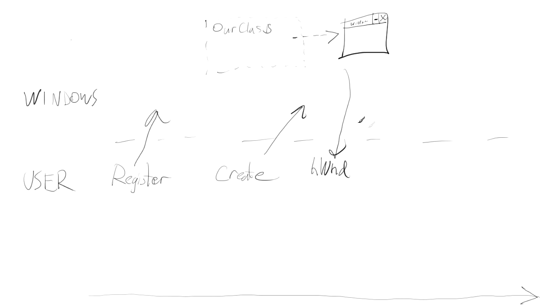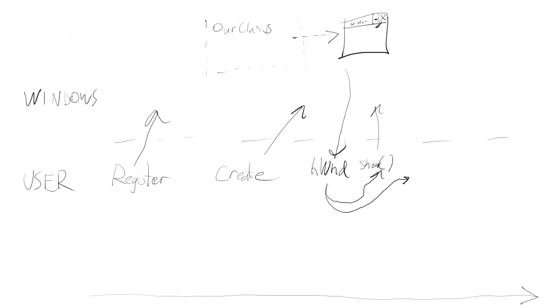And now we have our window. And we can use this handle in our show function, and that will show the window on the screen. And then what we do is we use this handle.